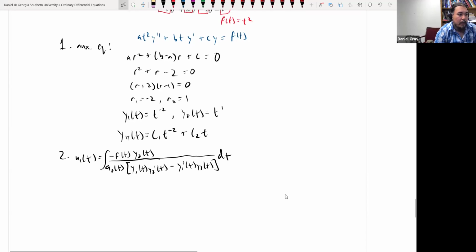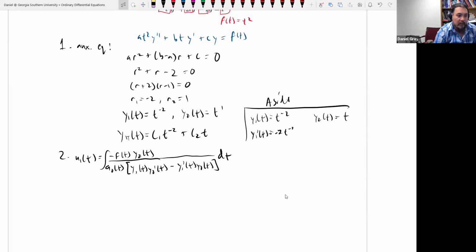Now our y1 of t is t to the negative second power. So as a little aside over here, maybe I'll copy that back down. y1 of t is t to the negative second. y2 of t is t to the first. And so then y1 prime of t will be negative 2 t to the negative third. Our y2 prime of t will just be equal to 1.